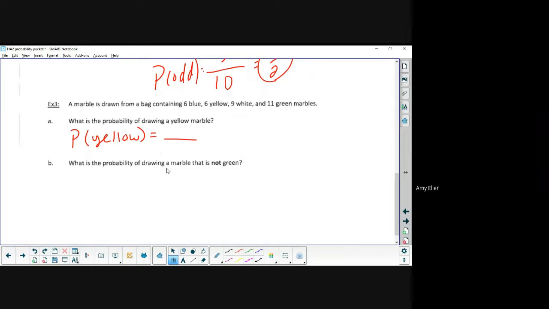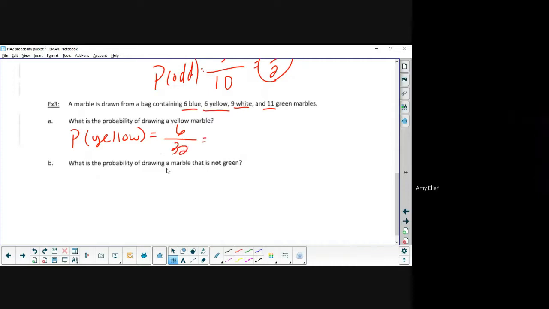If you are signed up for stats next year, you're going to have to read carefully, sometimes paragraphs. Not paragraphs here, but very important words like in the directions. Those are very important. Sometimes one word can change everything. Probability of drawing a yellow marble. So successful would be the yellow ones, 6 out of the total. 6 plus 6 plus 9 plus 11, 32.